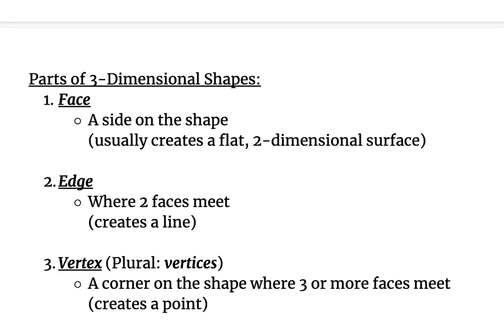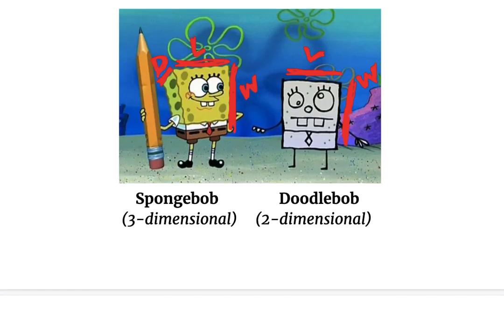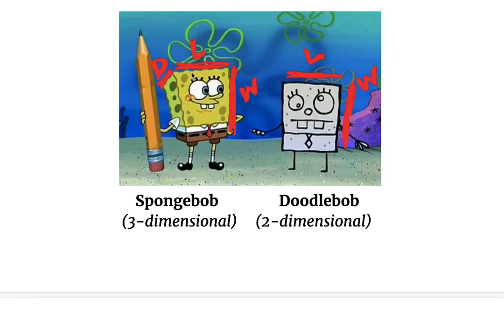A face is a side on the shape. So usually, and we'll talk about exceptions later, it creates a flat 2-dimensional surface. So it's like your 3D shape is made up of 2D shapes on each of their surfaces. If you think about SpongeBob, it's like he has a sheet of paper on each of his sides, while Doodlebob just has the one side.